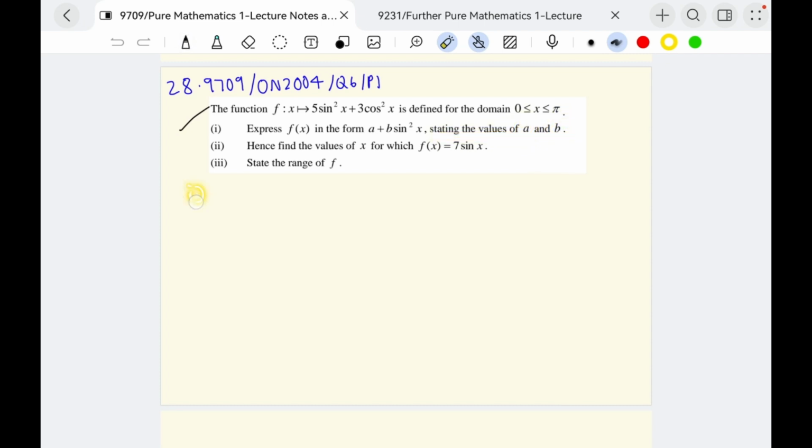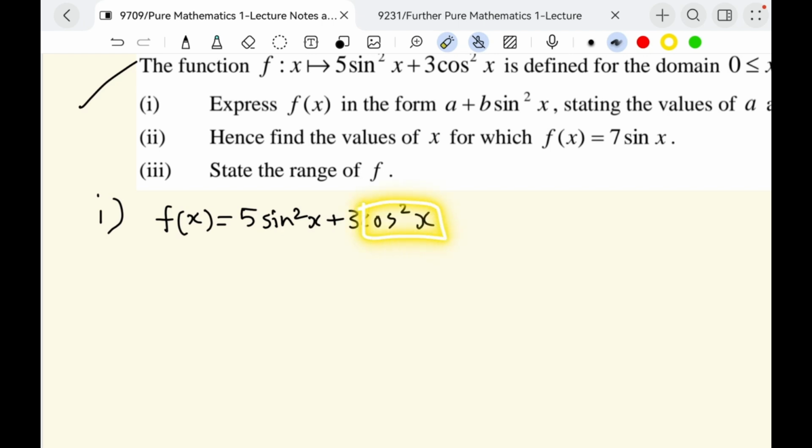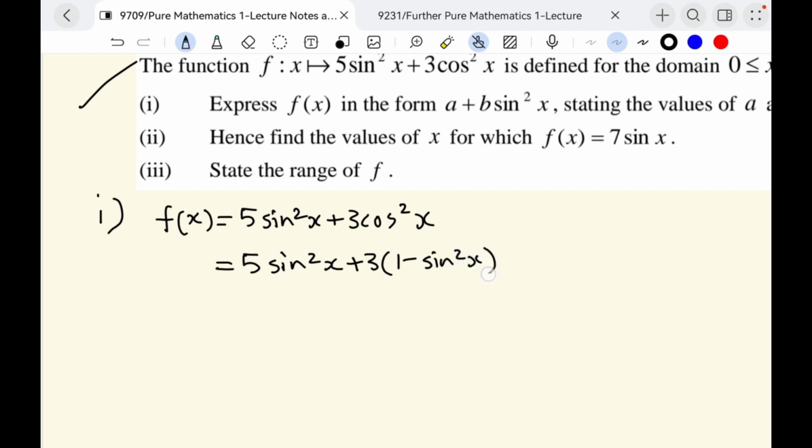Okay, first part. f(x) equals 5 sine square x plus 3 cos square x. So it only wants you to leave your answer of f(x) only in terms of sine square x. So to get rid of the cos, because it's different, you have to use the Pythagoras identity to carry it away. So substitute the cos square x by 1 minus sine square x. Do it this way.